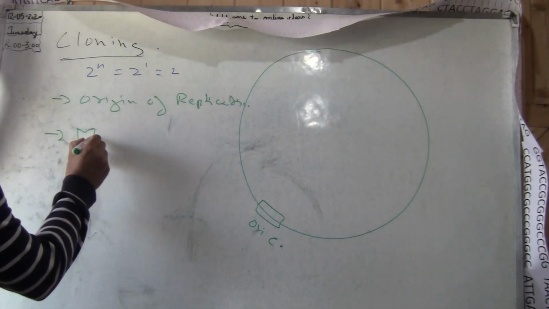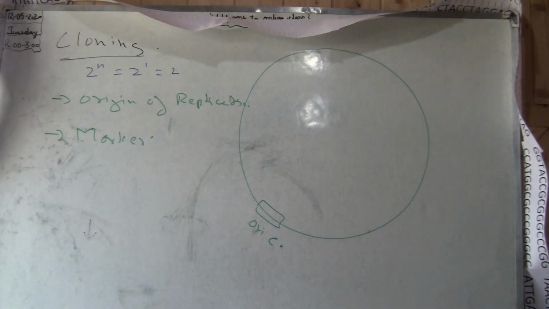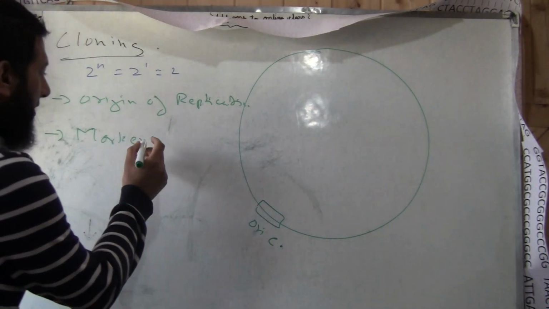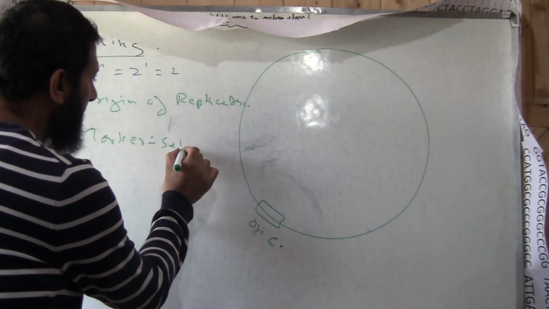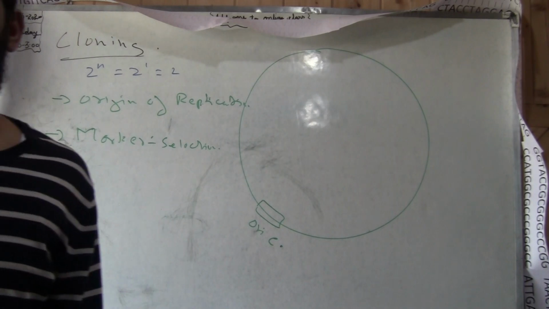The second thing that a vector should have is a marker. Not this kind of marker, it's a marker for selection, in this case an antibiotic resistance gene.